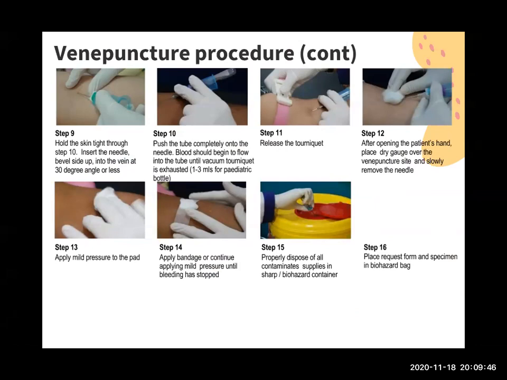Is there anyone presenting venipuncture? Got anyone presenting venipuncture? No, no venipuncture. Okay, so this is venipuncture, it's not blood CNS. This is not blood CNS. So don't mix up.